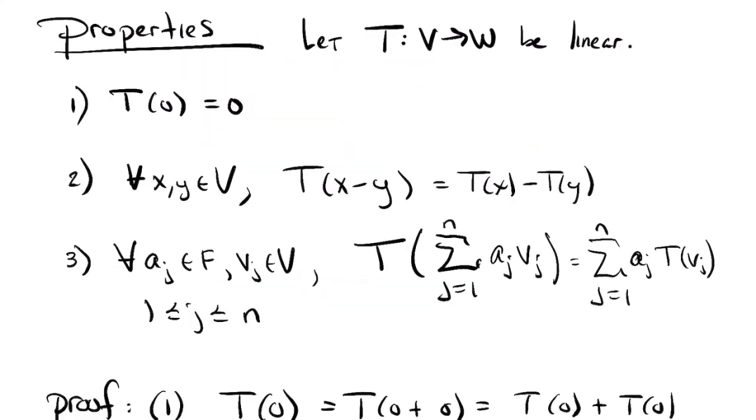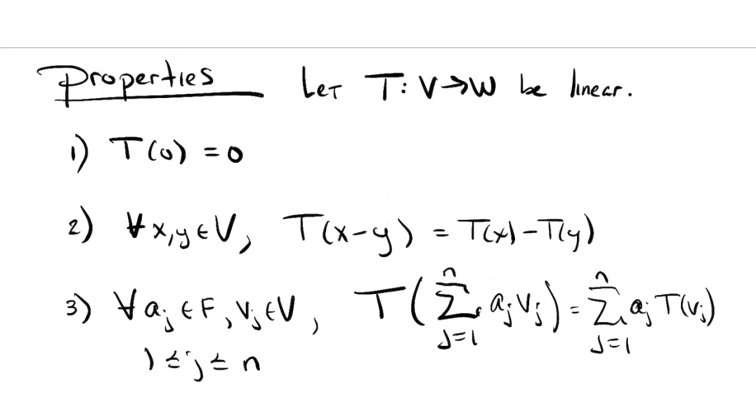Okay, let's look at some properties. Properties of linear functions. I'm going to quickly sketch some proofs of these things. So everywhere, V and W are vector spaces, and I've got a linear function T. So that's kind of the preamble. And there's more than 3 properties of linear functions, but I'm going to focus on these 3. The first one is that linear functions have to send the 0 vector to the 0 vector.